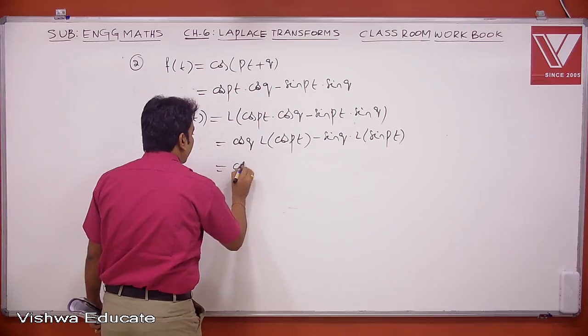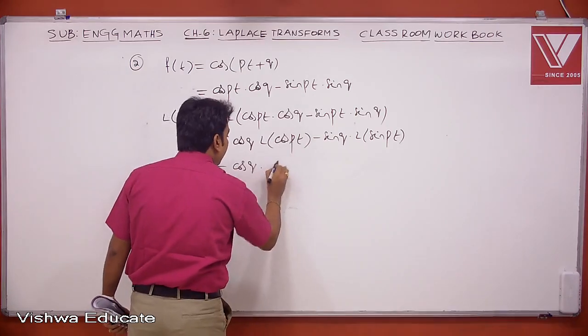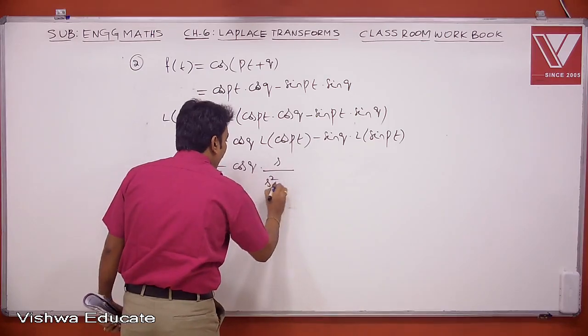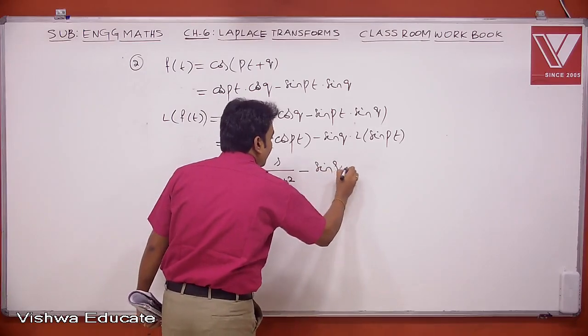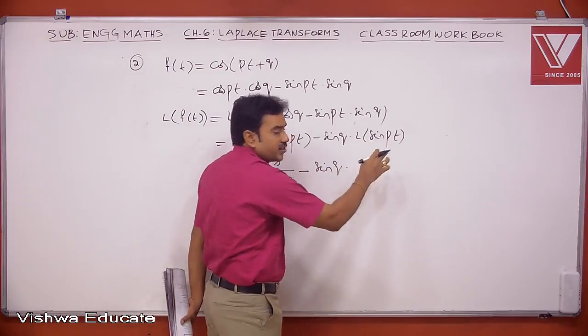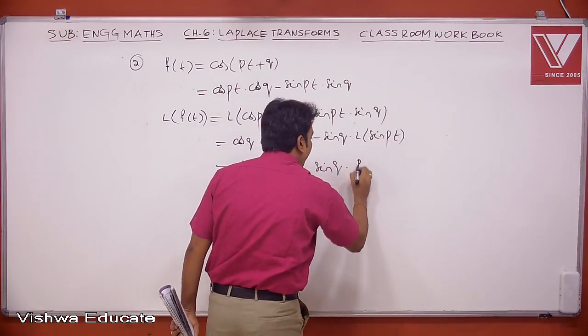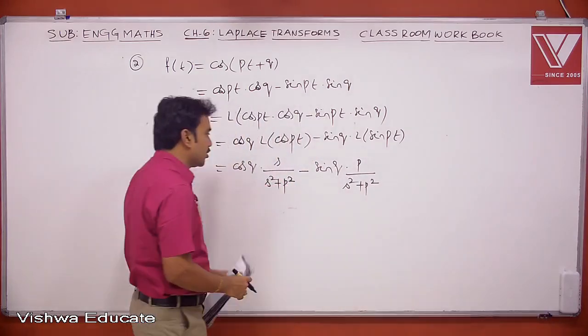So therefore this is cos q into Laplace of cos at, which is s by s square plus a square. Here a is p. So this is s by s square plus p square, minus sin q into Laplace of sin at, a is p. So it is a by s square plus a square. So this is p by s square plus p square.